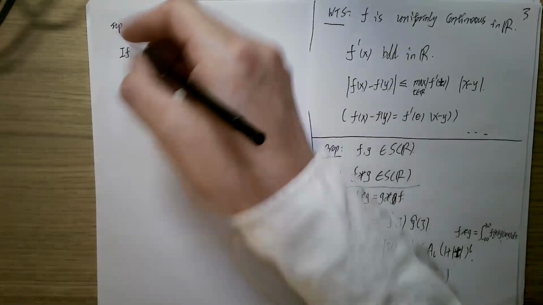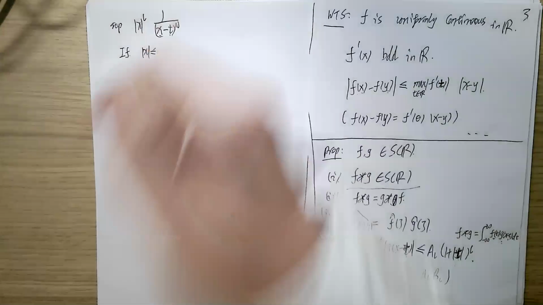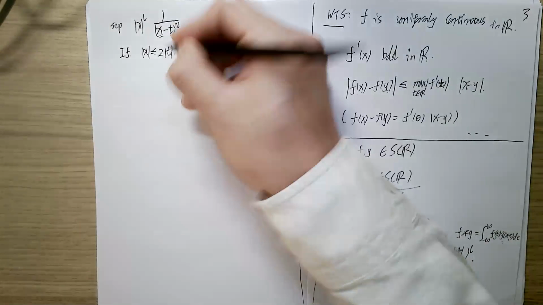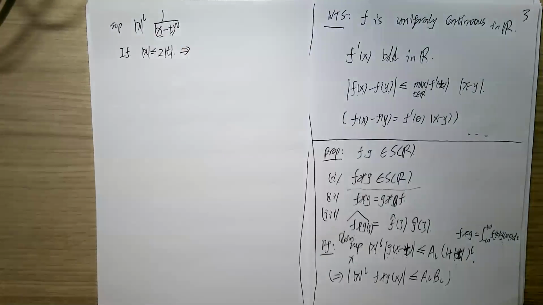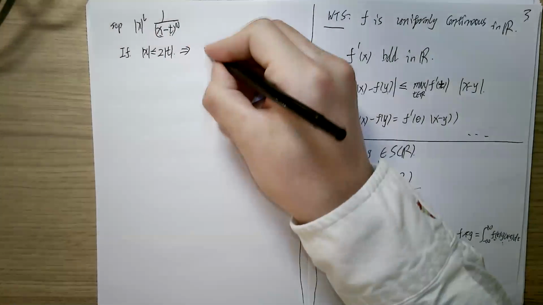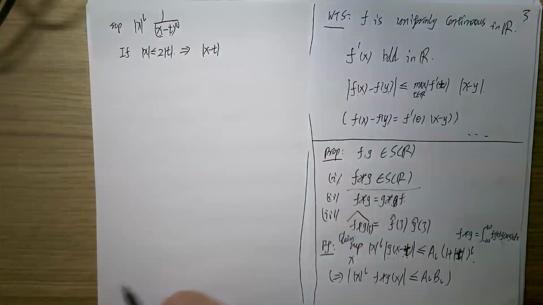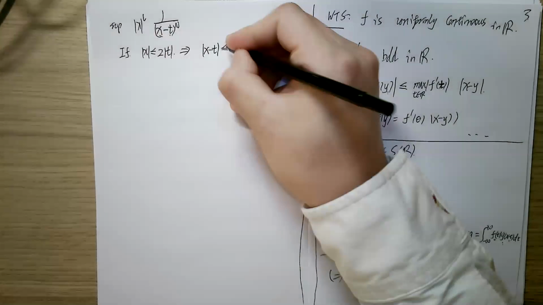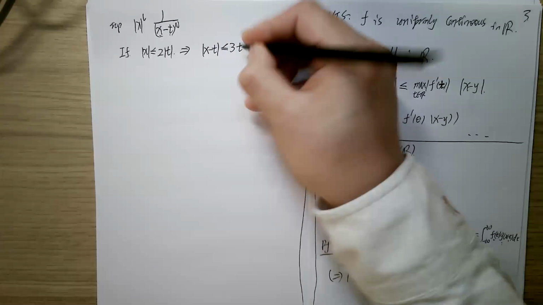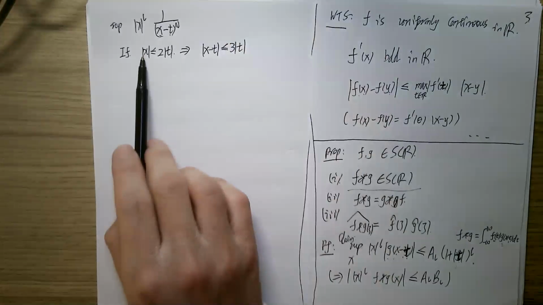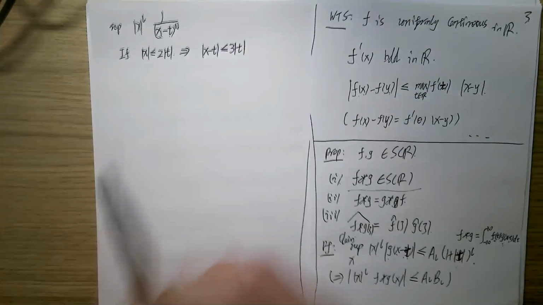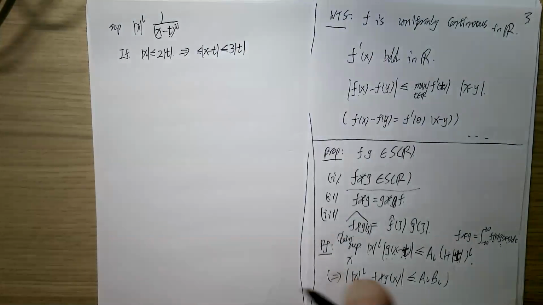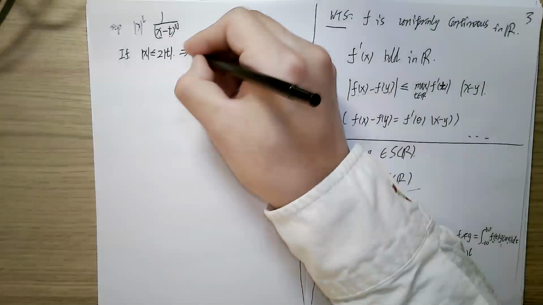So let's say t dominates, which means t can control x. Okay, what does that mean? That means if you have x minus t, well, it will be at most 3t, right? The worst case scenario is that x is equal to minus 2t, right? And the worst case for the lower bound is at least t.